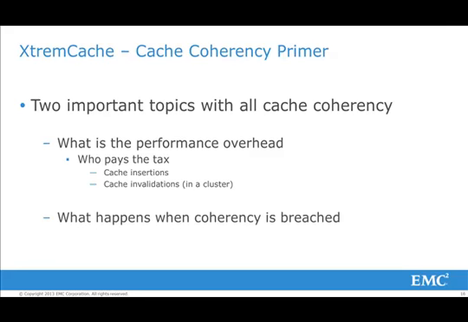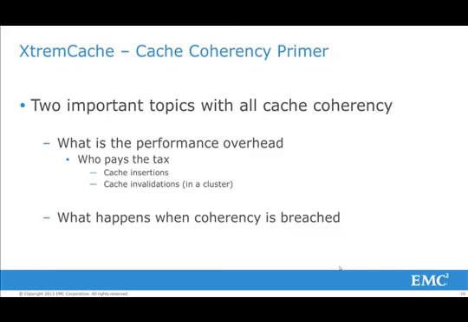There's also the question of what happens when coherency is breached. Of these two cache coherency topics, the performance overhead, the taxation paid for cache insertions and cache invalidations, can be fairly subtle stuff, and mileage may vary.